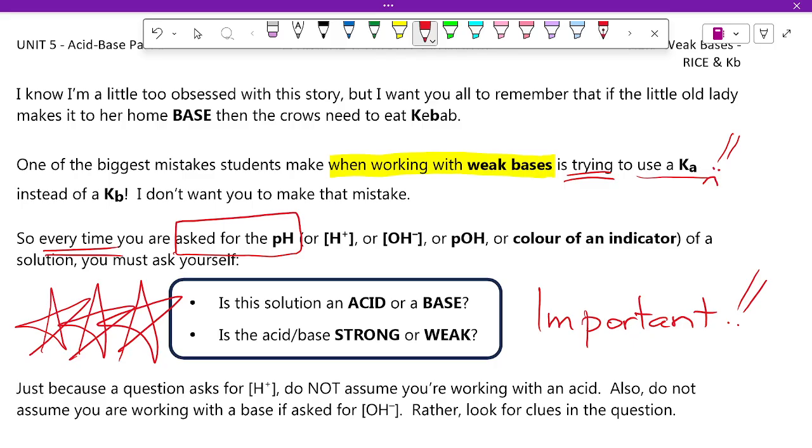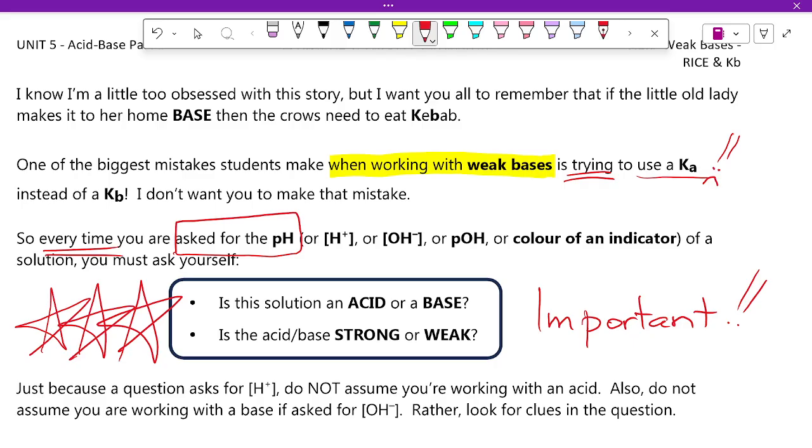Is the solution an acid or a base? And is that acid or base strong or weak? If it's weak, you use rice. If it's an acid, you use Ka. If it's a base, you use Kb. And if it's strong, what do you use? If it's strong, you do not use rice and Kb or Ka. You just use stoichiometry.